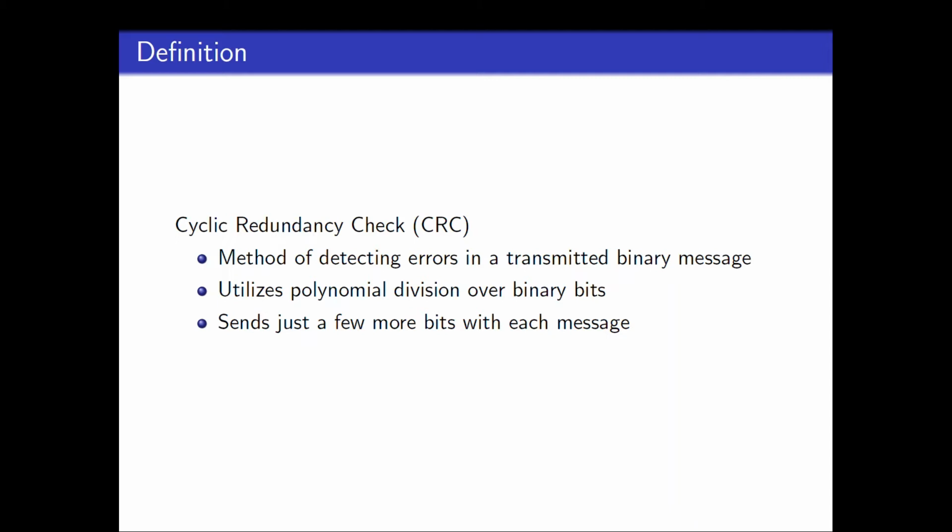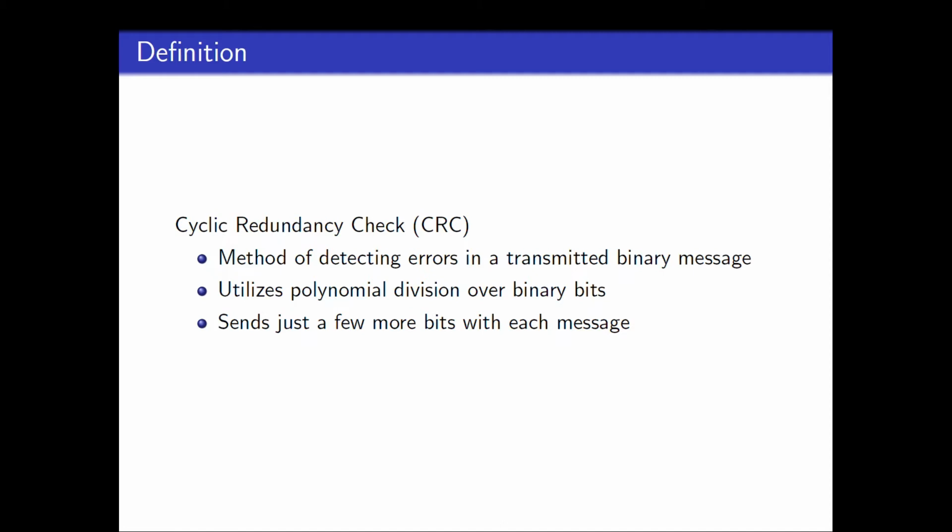It is a way of detecting errors in a transmitted binary message, in a text or a streamed video, or even communications on hardware levels. It's a way of making sure that the information that arrives is the information that was sent. And the way this is done is it utilizes polynomial division over a group of these ones and zeros, of these bits.